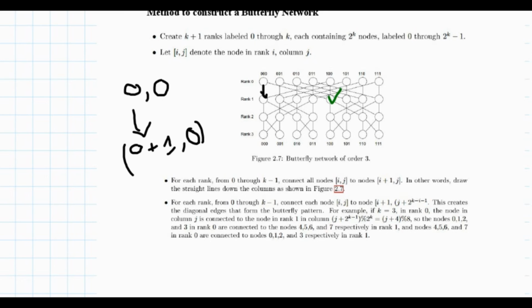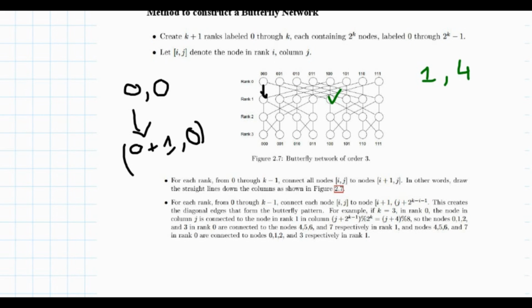Try to find out from this step of the algorithm to which node this node with the green tick on it is going to be connected if you follow this first step. Give it your thought, try to figure it out. The rank of this node with the green tick is 1 and its column is, let me count it, 0 1 2 3 4. So 1 4.